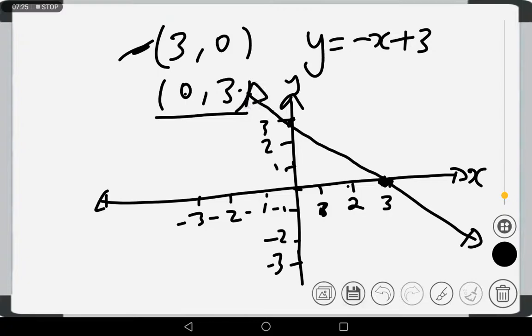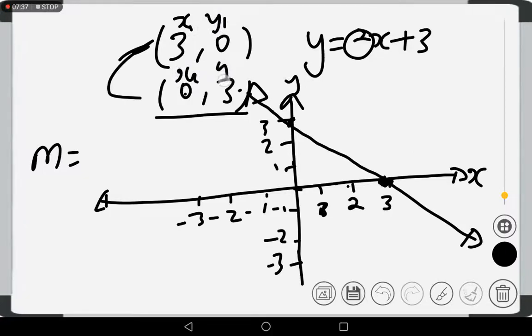If I use these two coordinates to get m, I must also get negative 1. I use this one as my x1 and y1, and this as my x2 and y2. y2 minus y1 is 3 minus 0, and x2 minus x1 is 0 minus 3, which is minus 3.